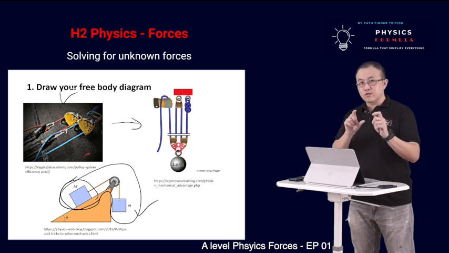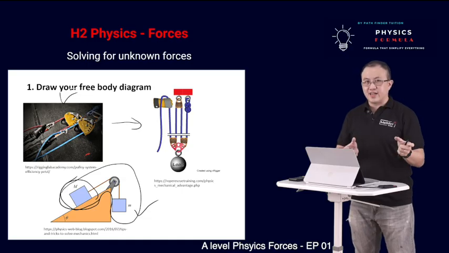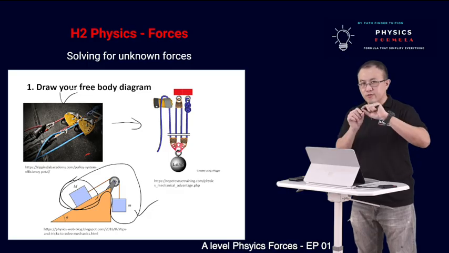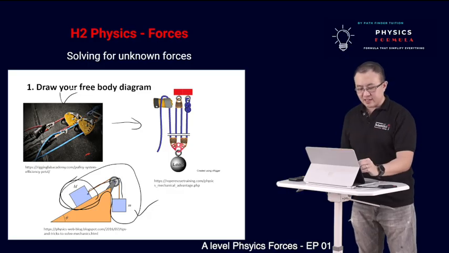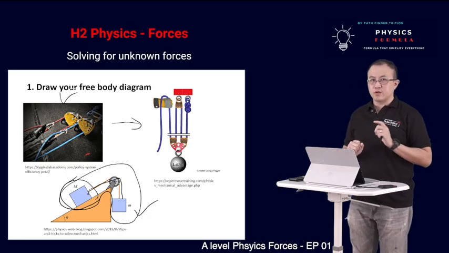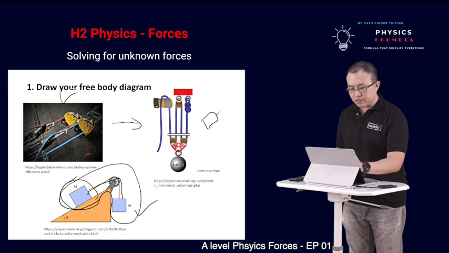But of course, if you're going to do the whole thing, with 2 blocks as one object and the string connecting them, then please remember, do not consider the force on the string. The tensions become internal forces and you should not consider them on your free body diagram. So the free body diagram will just be one box, one string, one box, then there's a weight here, a weight here, full stop.